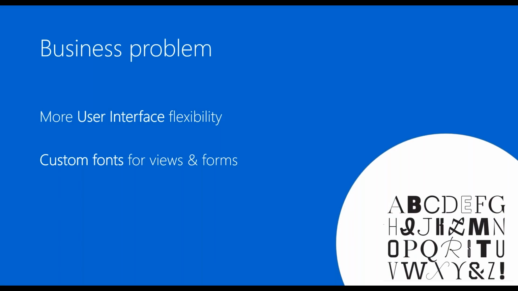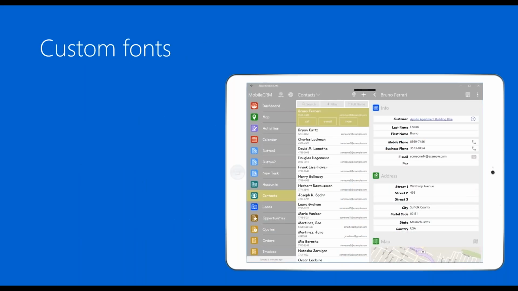And sometimes users wanted to have more flexibility when it comes to fonts. Currently the Resco mobile application by default is using system fonts or device fonts on that particular device. But now you can add custom fonts. So let's look closer into that.